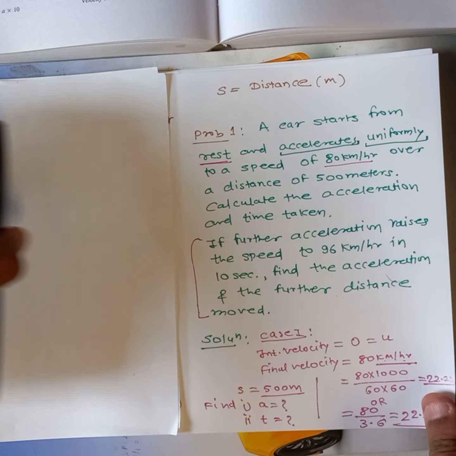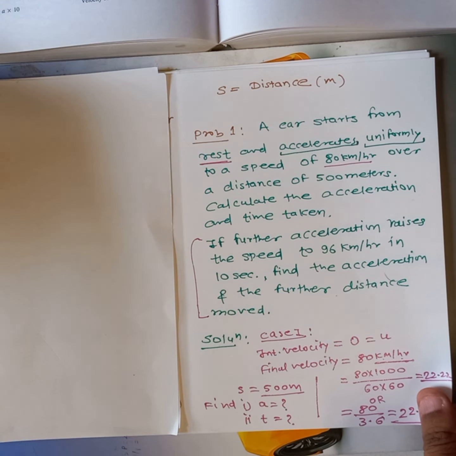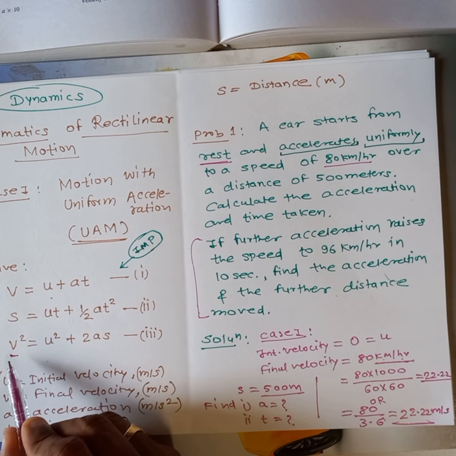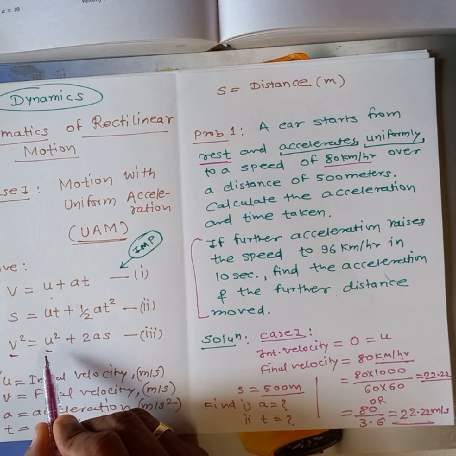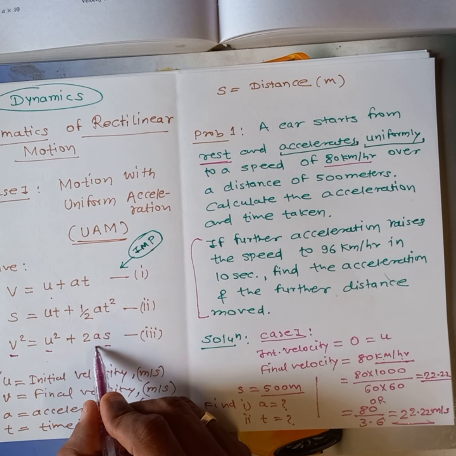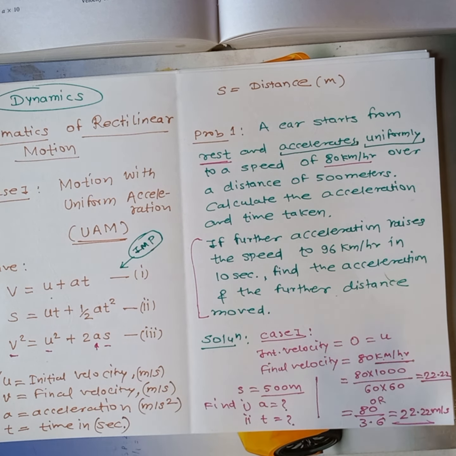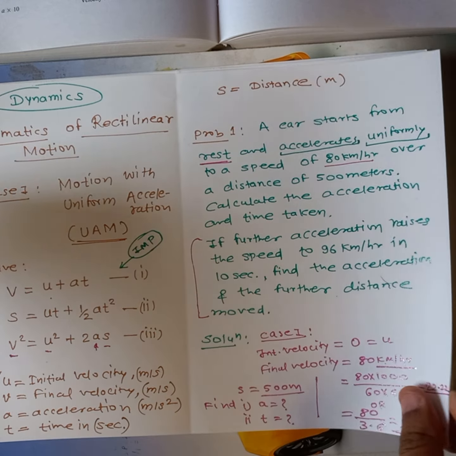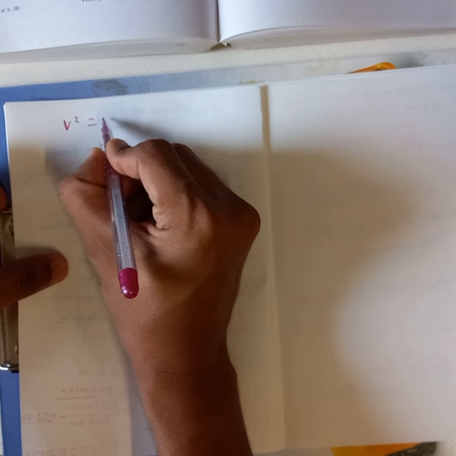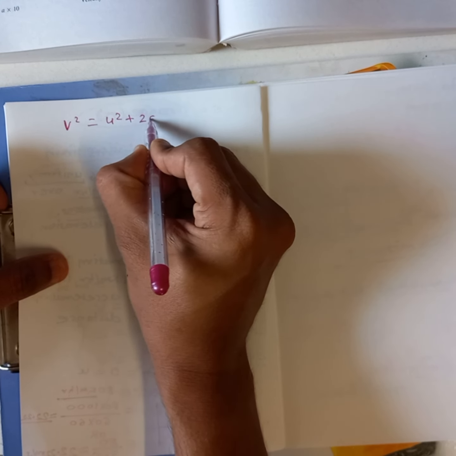So you know the equations now. Because we have final velocity, initial velocity is 0, we have been given distance, and we have to find A, we can use this equation first. So I am writing the equation here: V square equals U square plus 2AS.